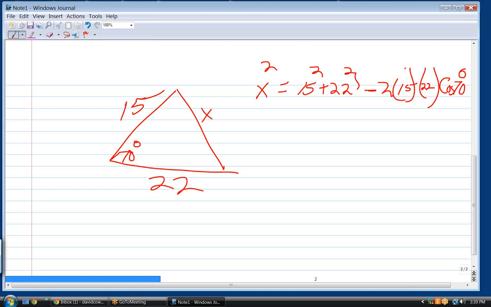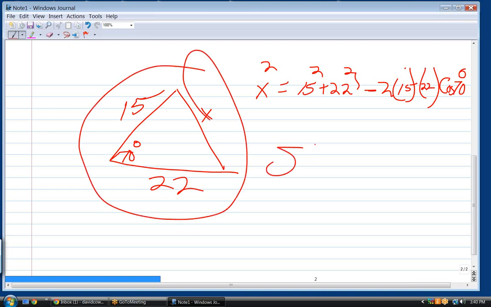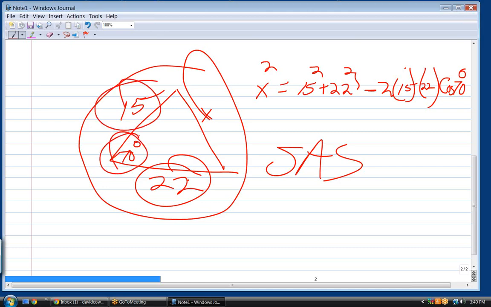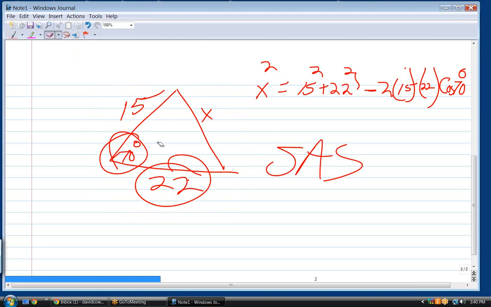In other words, what we have here is side angle side. You know what I mean by that? We have a side, and then we go right to left, we have an angle, and then we have another side. We pretty much classify triangles as side, angle, angle, side, angle, side, things like that.